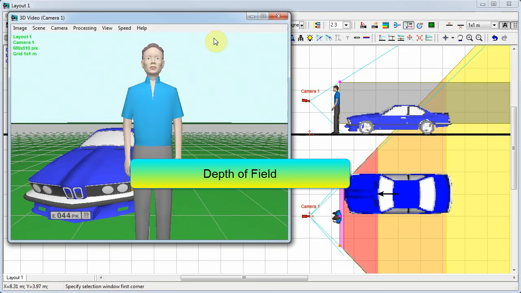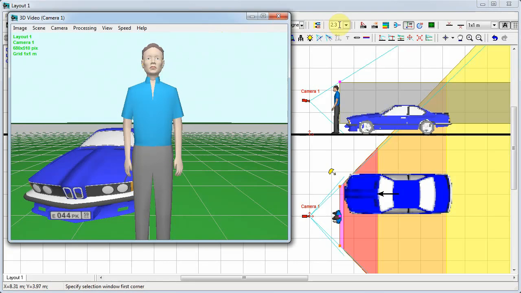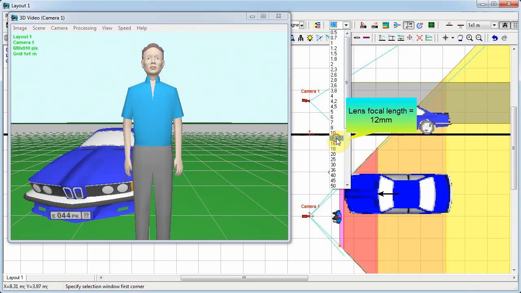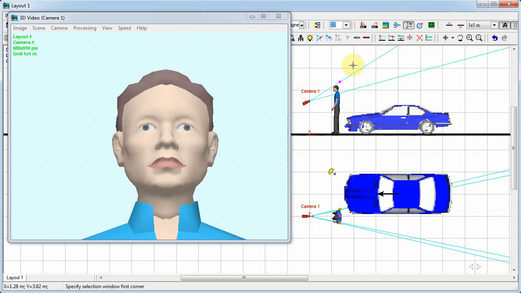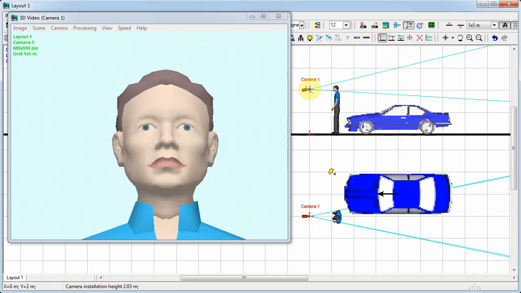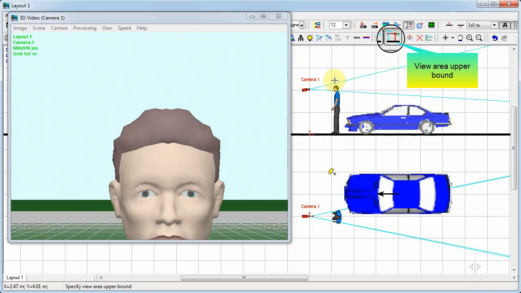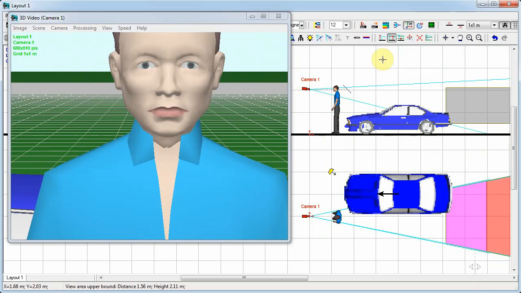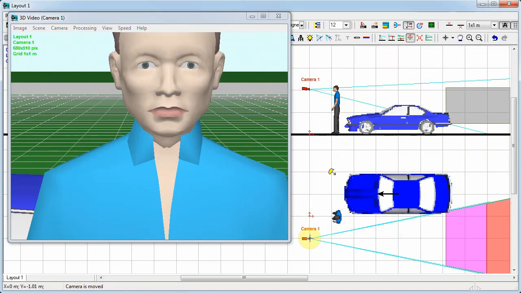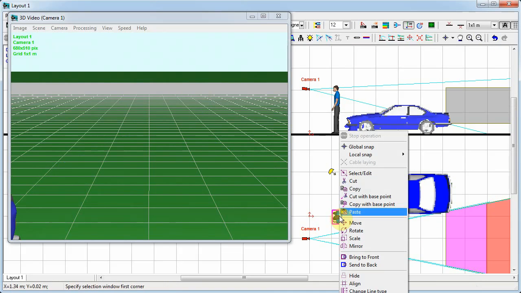Depth of field. Let's model the situation. We increase the focal length. Depth of field is smaller with long focus lenses. Set up the camera position. Copy the 3D model.